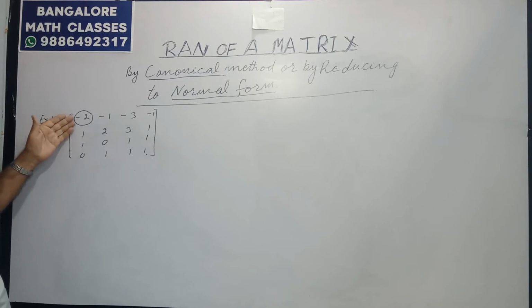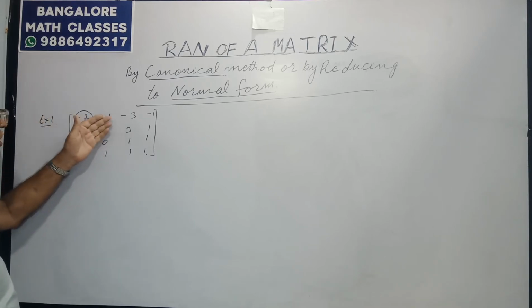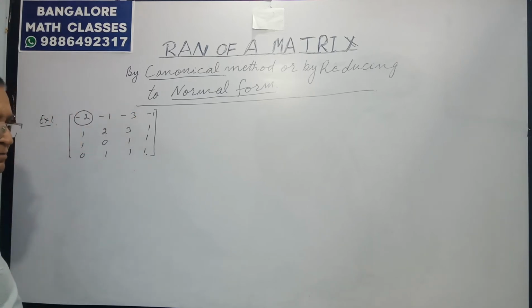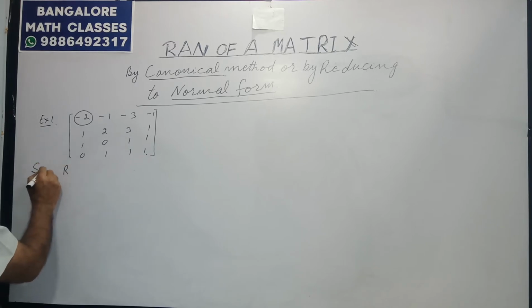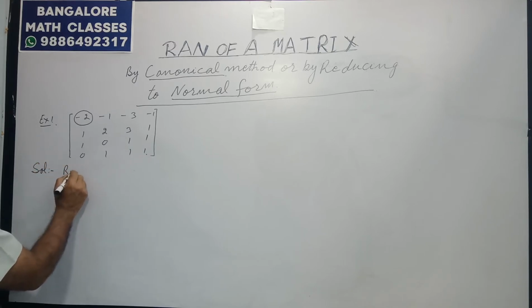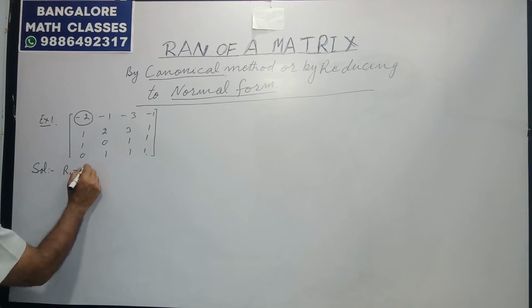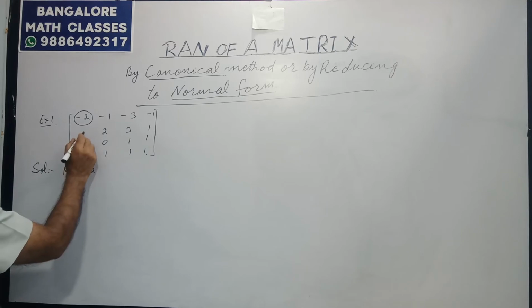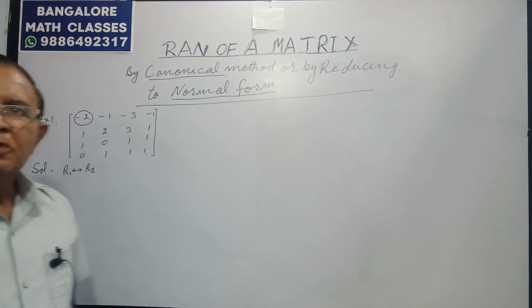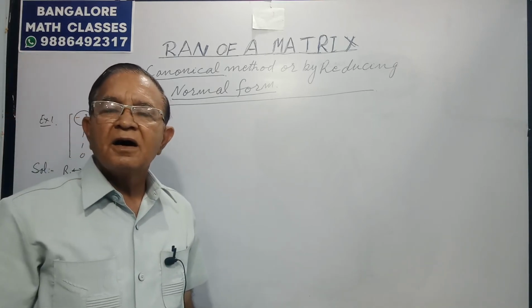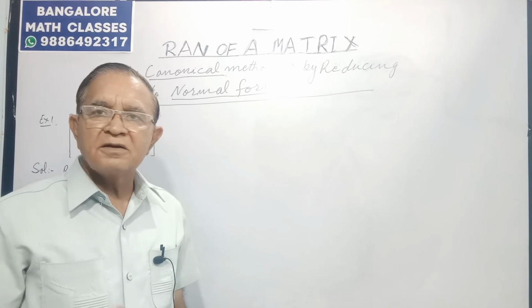Either multiply by -1/2 and you will get a lot of fractions to solve, or we can do one more way: interchange R1 and R2, because 1 is here. It is not strictly necessary to go for R1 and R2. The 1 may be in R3 or R4, so we can interchange with that.